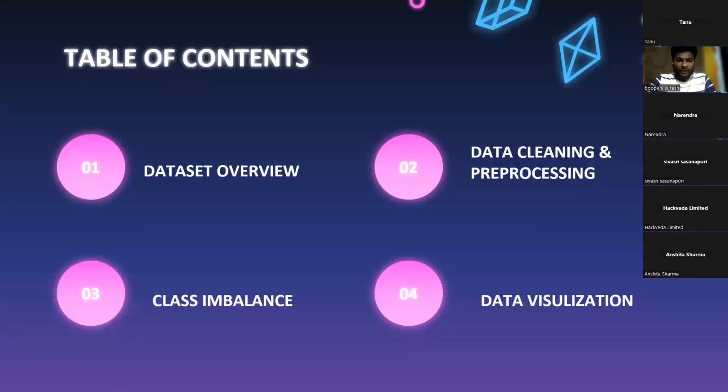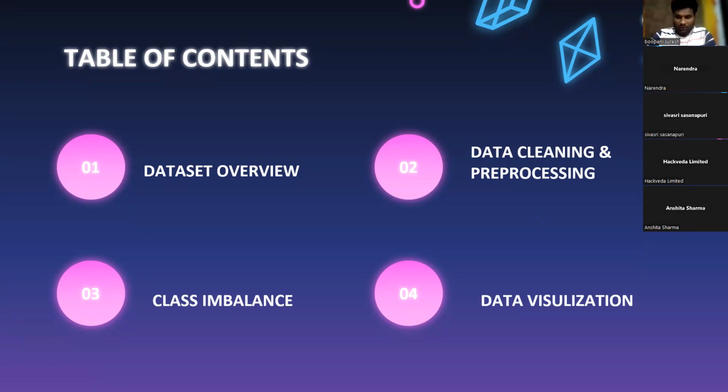This is my table of contents. Through our session, we are going to look at the following. First is the dataset overview, where we see our dataset, what columns and rows we have, and what attributes it has.